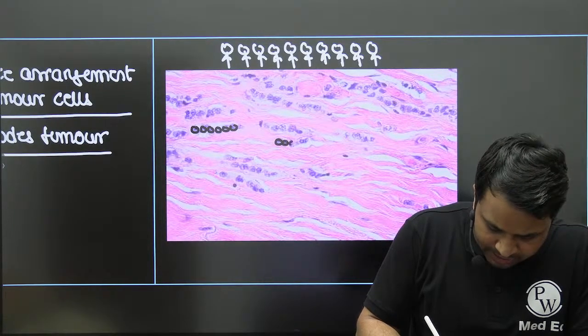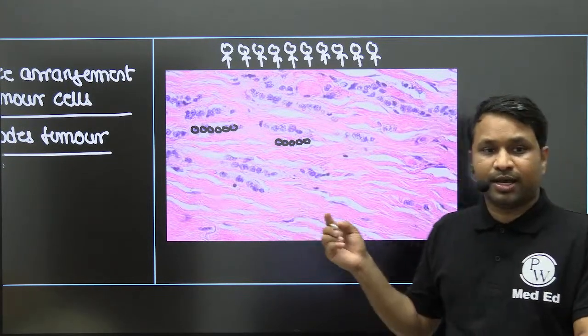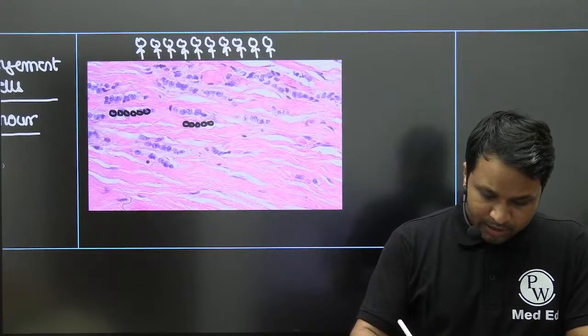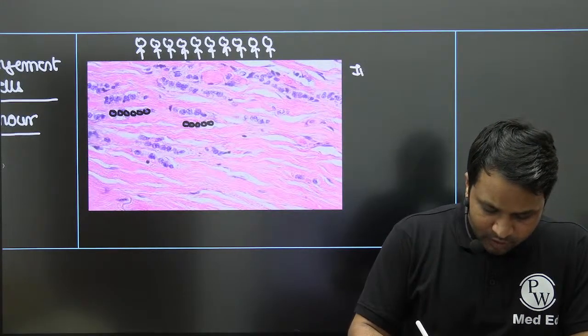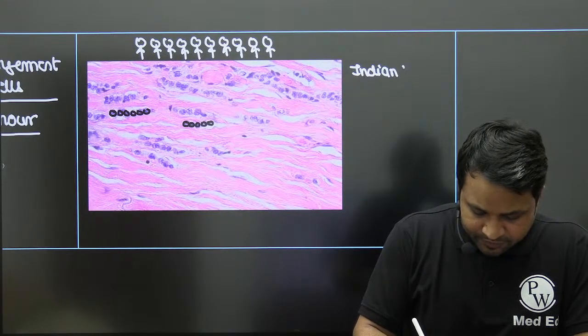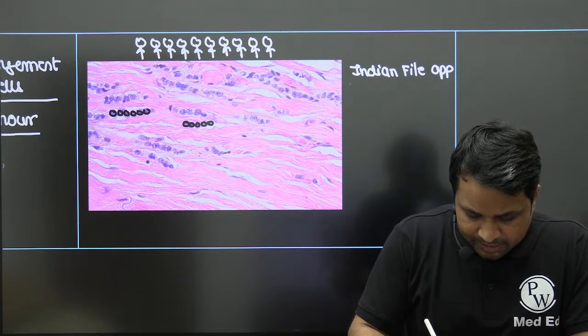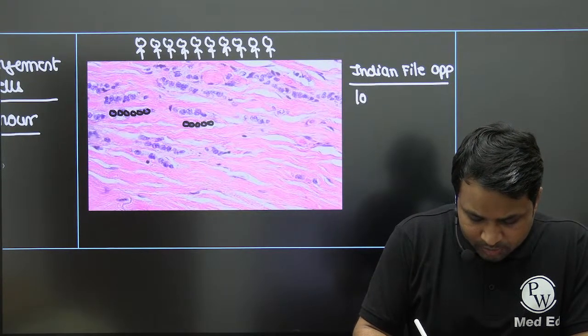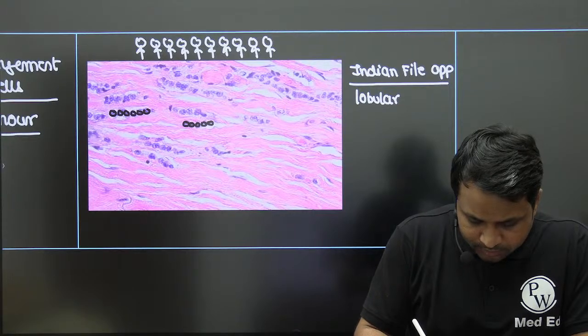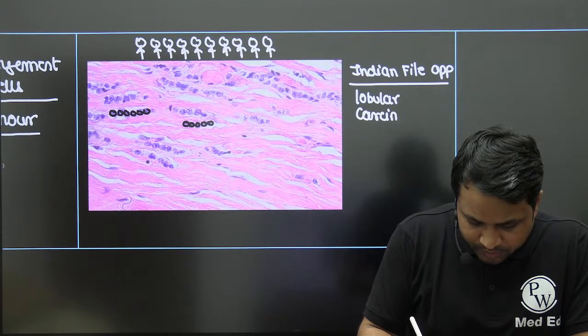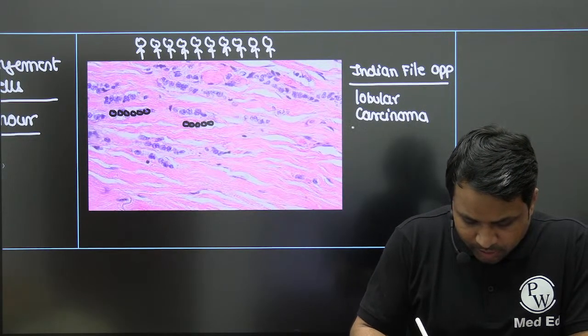So they are standing in these lines. Hence it is called the Indian file appearance. This Indian file appearance is seen in lobular carcinoma of the breast.